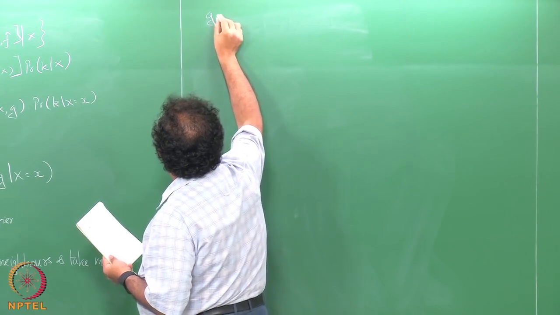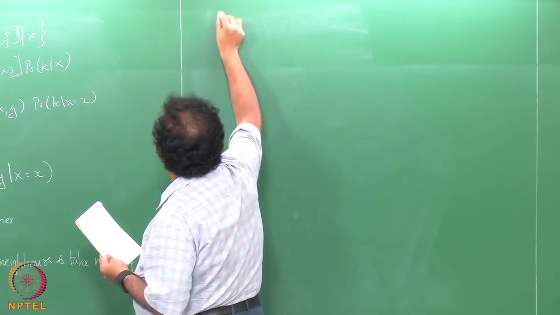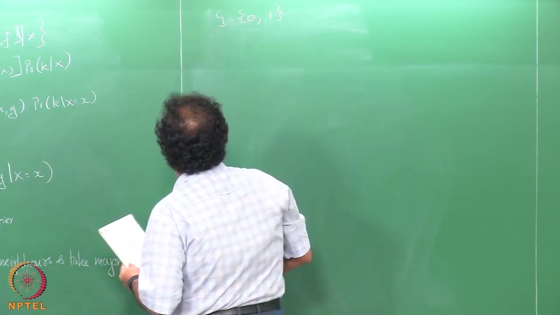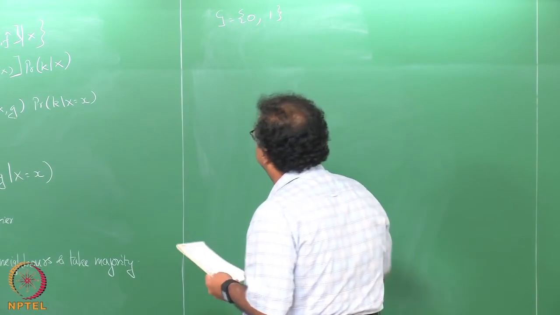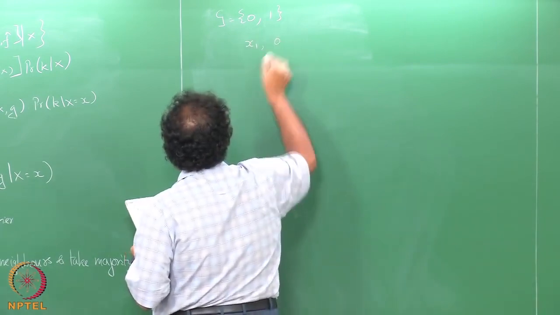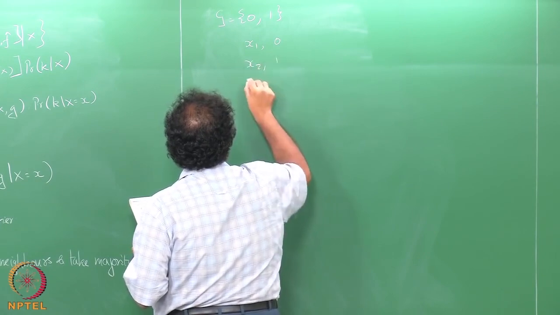So, instead of having some arbitrary classes, I am going to say it is 0 or 1. So, what I am going to now do is my data will become something like this, right.